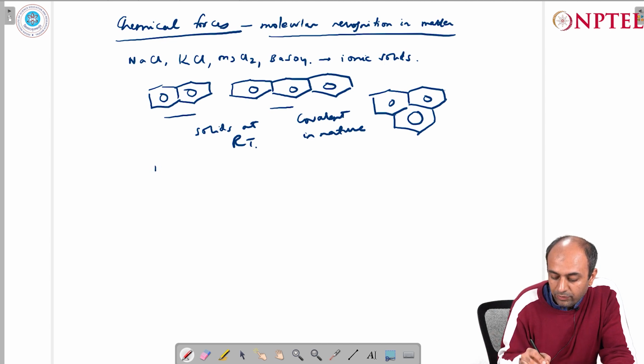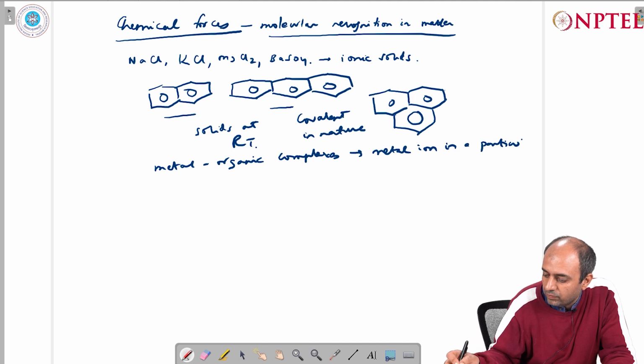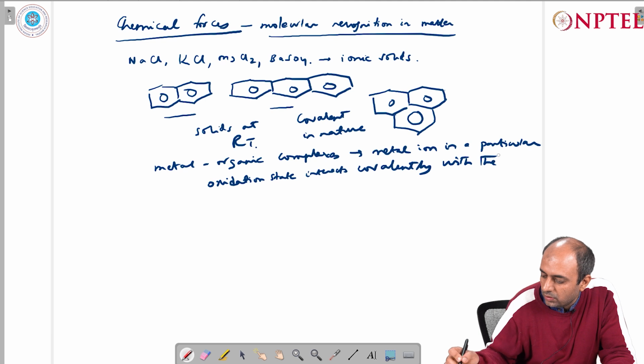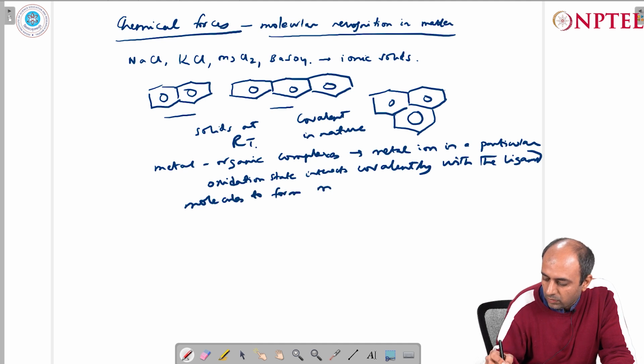And then we can also have metal organic complexes, where a metal ion in a particular oxidation state interacts covalently with the ligand molecules to form molecular complexes.